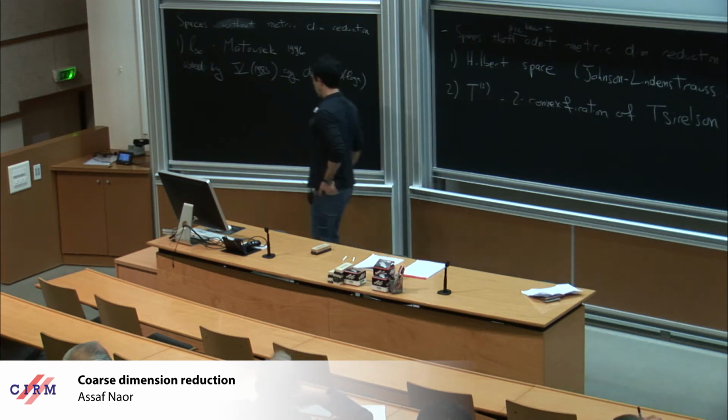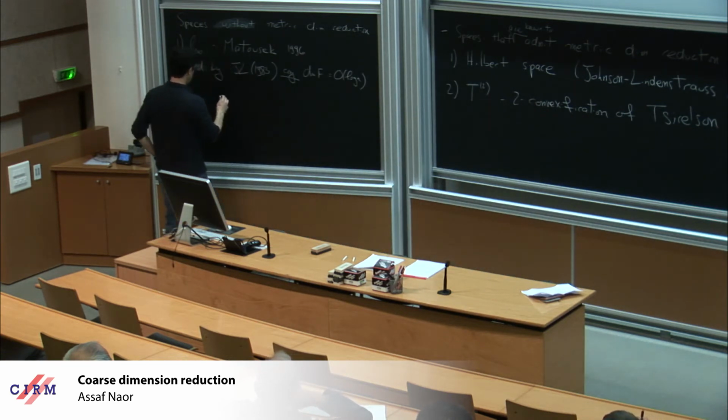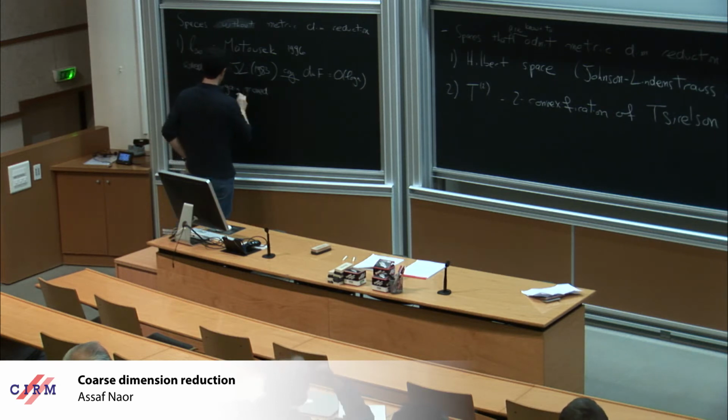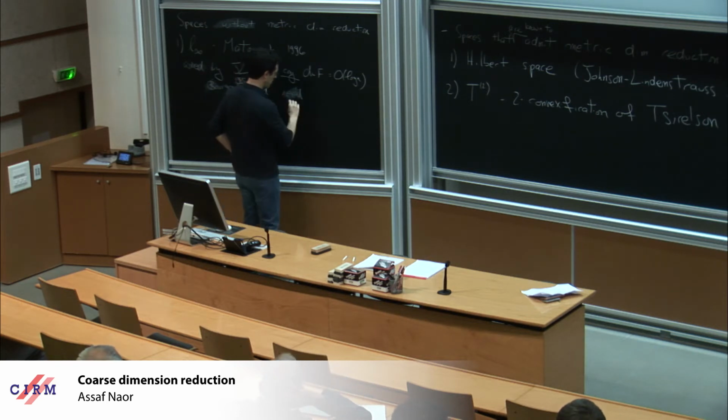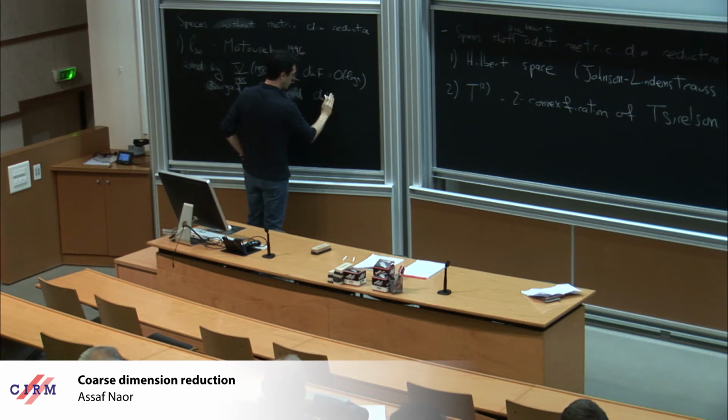In '85, Bourgain proved that the answer is no. So Bourgain proved, so this is 1985, that sometimes for some spaces, for some random construction, we need the dimension to be worse than log n, but barely.